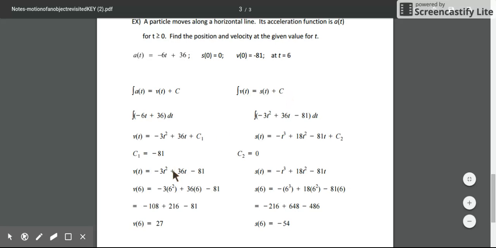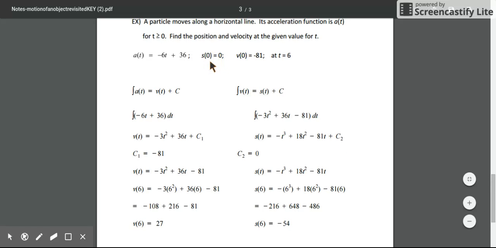Now we can take our velocity function right here and find the antiderivative of that to get our position function plus our constant of integration. Using our power rule, we get our position function plus our constant of integration. In order to solve for that second constant of integration, I use my initial condition involving position.